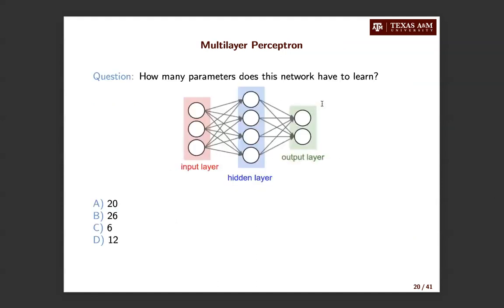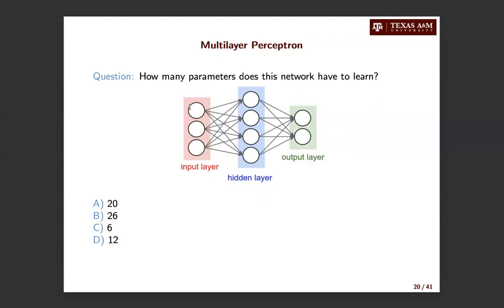Now, just a simple question of basic understanding here is how many parameters does this neural network have? In this neural network, we have an input layer with 3 features. We have a single hidden layer with 4 nodes, and we have an output layer with 2 different outputs.